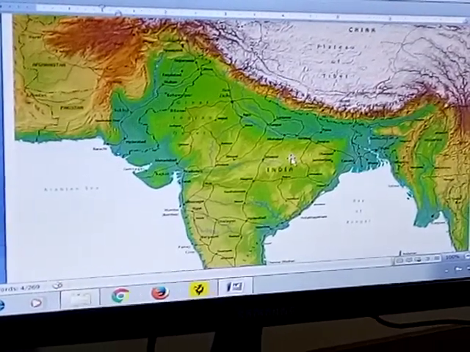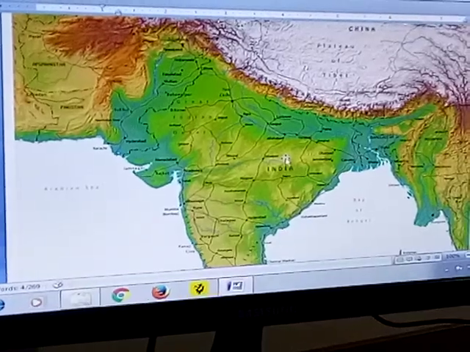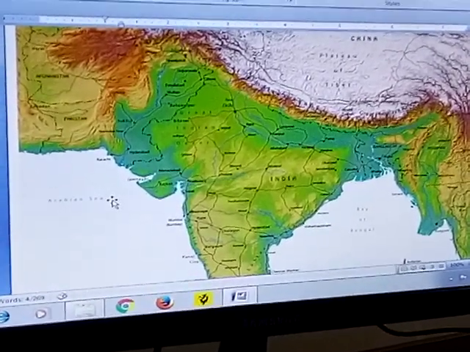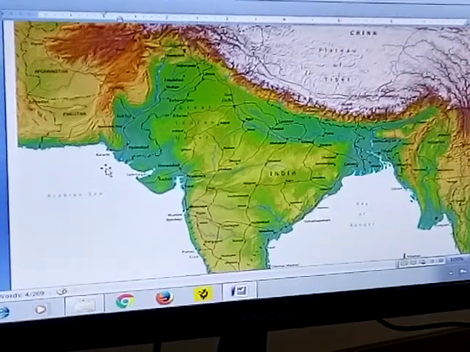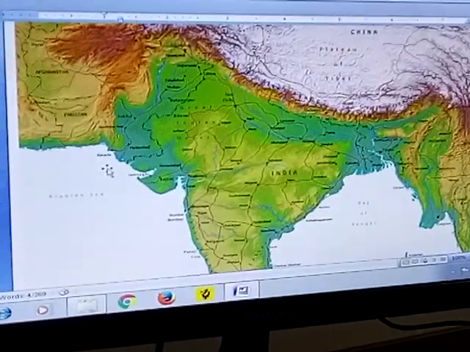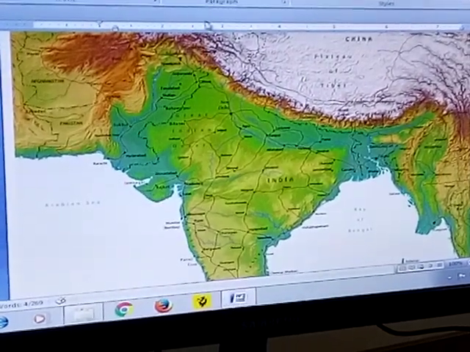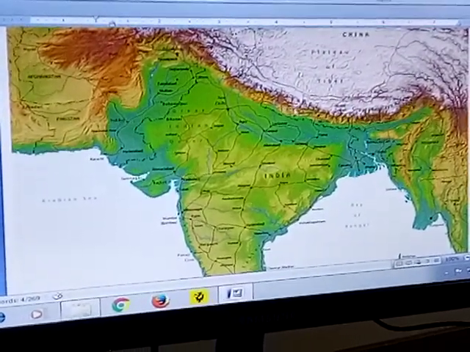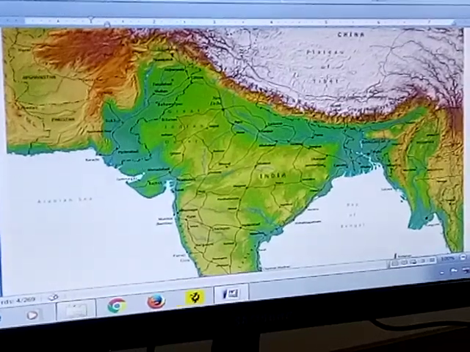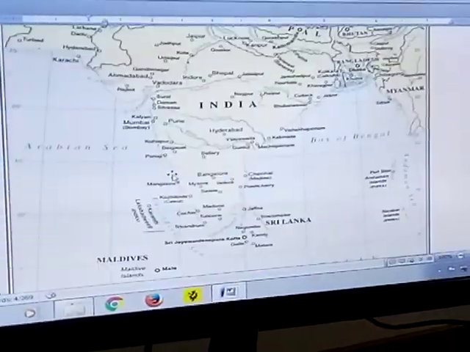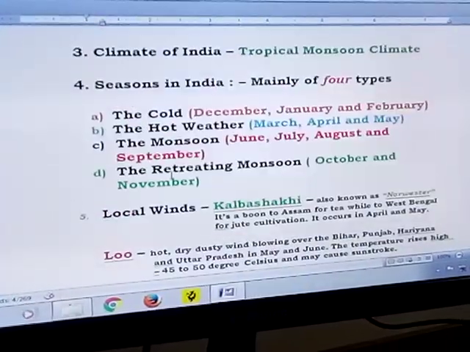It helps India to have orographic rainfall. At the same time, during winter, the severe cold wind that comes from the north, maybe from Siberia, is blocked. So the presence of Himalaya is a great factor that determines the type of climate India has.